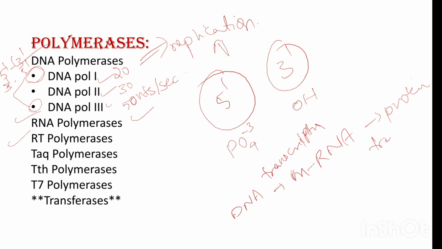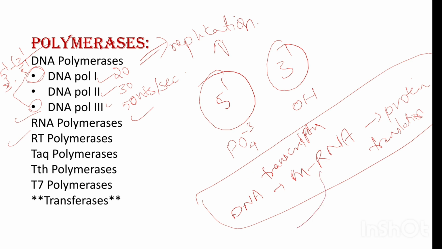This is translation. This is a normal process, whereas here, mRNA is converted back to DNA. This is called cDNA, which is the reverse transcription process. And the polymerases helpful here are called reverse transcription polymerases.